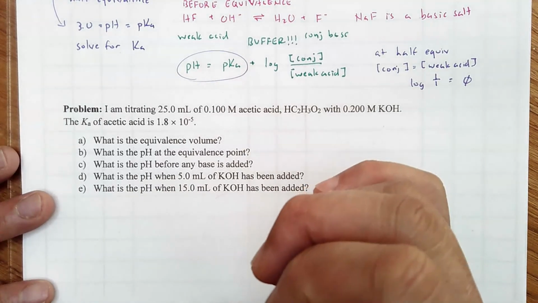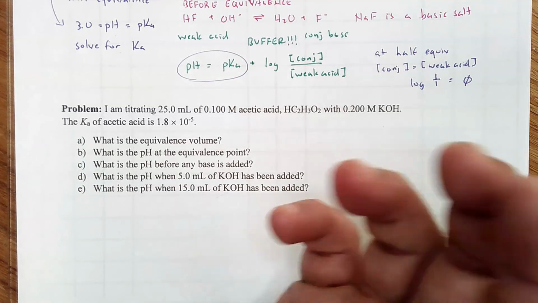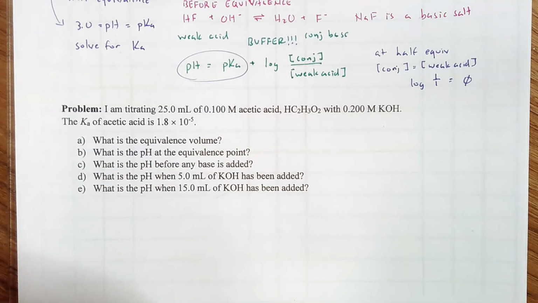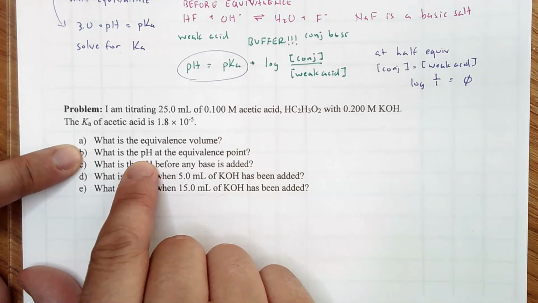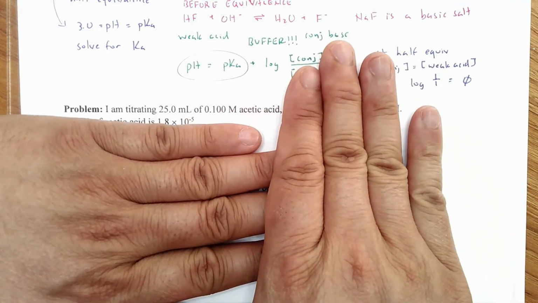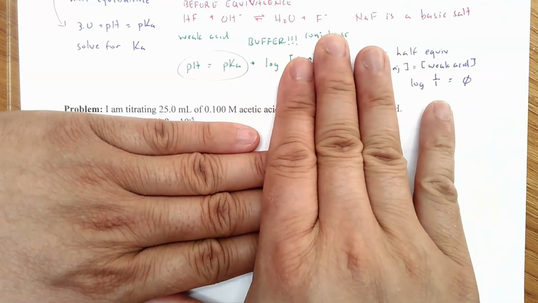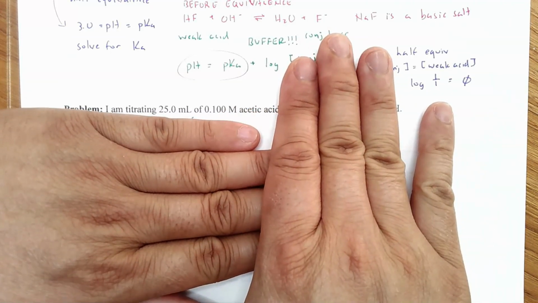It's more complicated or more challenging because we don't assume full ionization of the strong acid. We have a weak acid. And for stuff like this, what is the pH? Well, what's the pH of just this acidic solution? You can't assume that that is the same concentration as H3O plus, right?